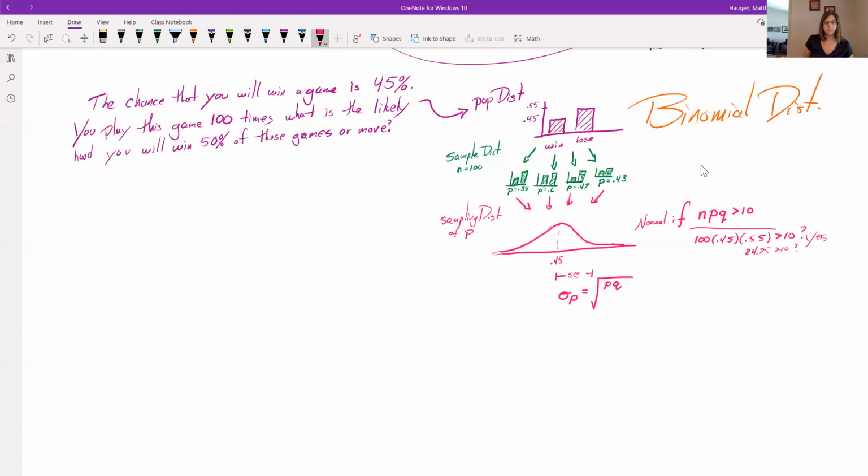Square root of pq over n. If you do happen to remember that the standard deviation of a binomial distribution is the square root of npq, taking that and dividing by n, it builds itself fairly nicely. But we can just go with this.